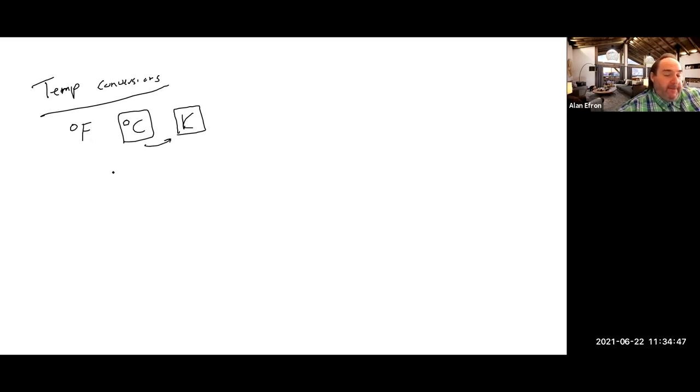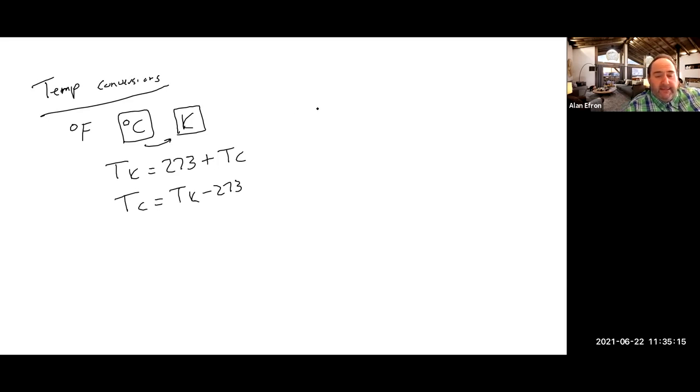To go from Celsius to Kelvin, temperature in Kelvin is 273 plus the temperature in Celsius. The right number is 273.15. Most people round off the 0.15, and 273 is sufficient. That also means that if you want Celsius, it is the temperature in Kelvin minus 273.